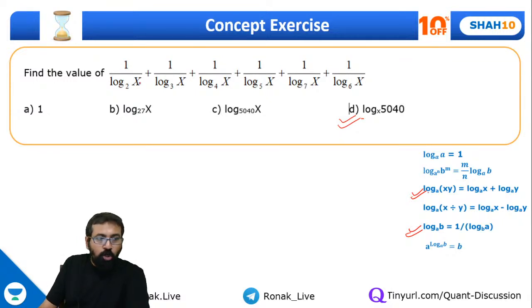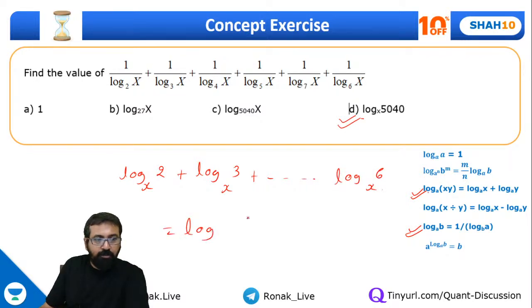So 1 upon log of x with base 2 can be written as log of 2 with base x, plus same way this one will be log of 3 with base x, and so on and so forth. This will be log of 6 with base x.